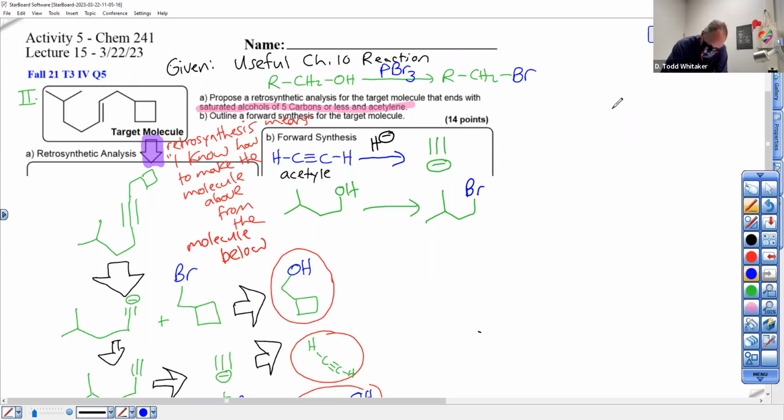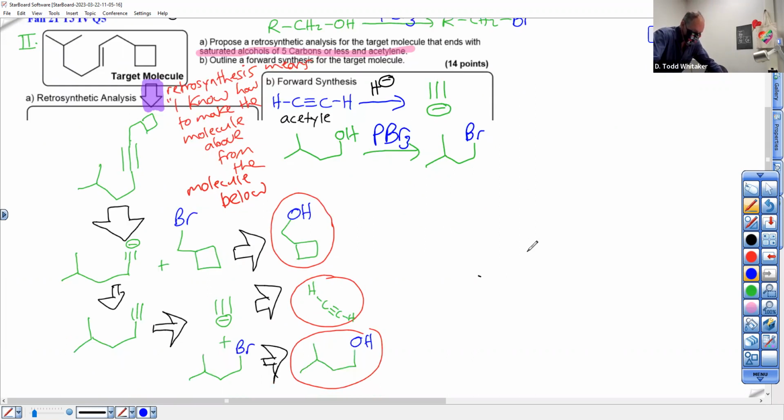The PBr3. Don't look a gift horse in the mouth. Copy the chemical. Okay. What happens when you mix this C minus with this CBr? What do you get? The terminal alkyne. Here's a way to show, mix them.